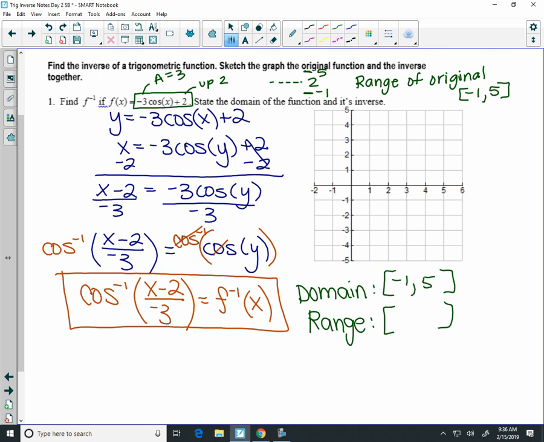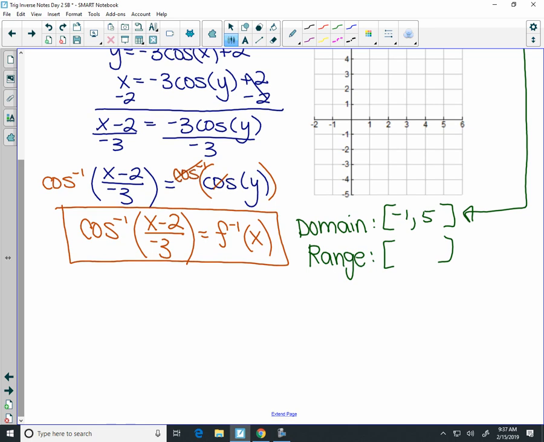So I always go and get that range because since we are graphing masters now, that's not so bad. Dealing with the range of the inverse, I look at if there are any y changes in this guy.